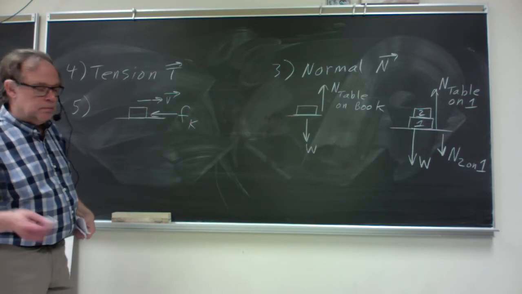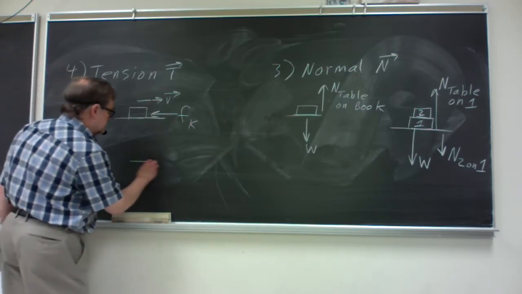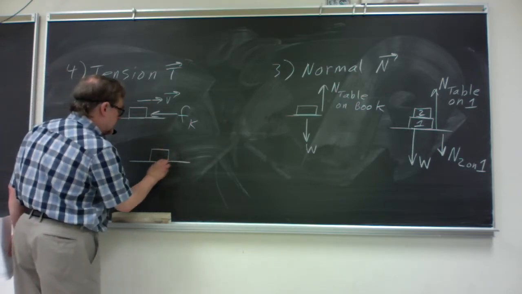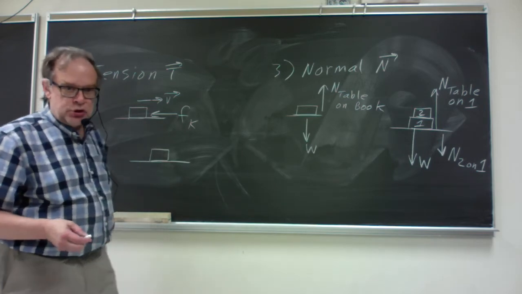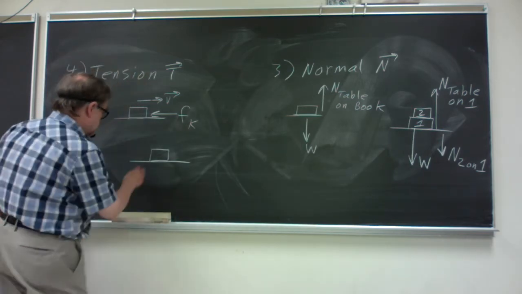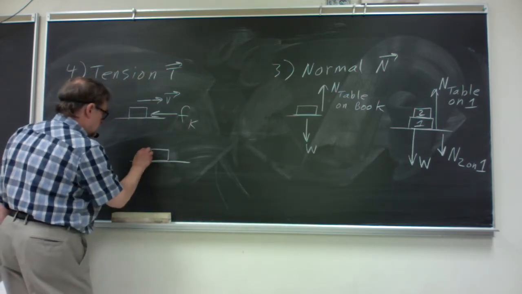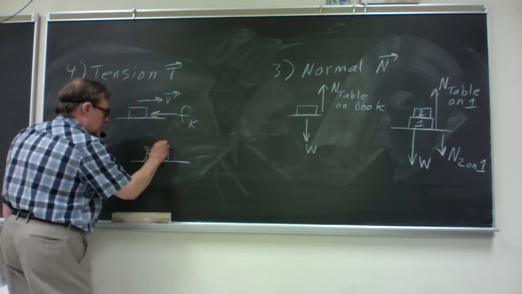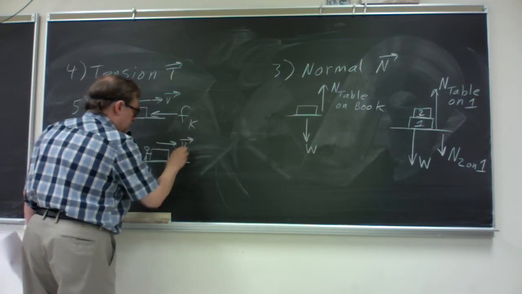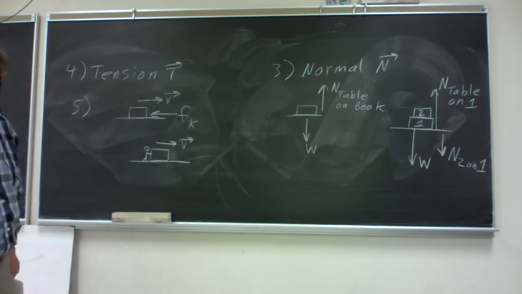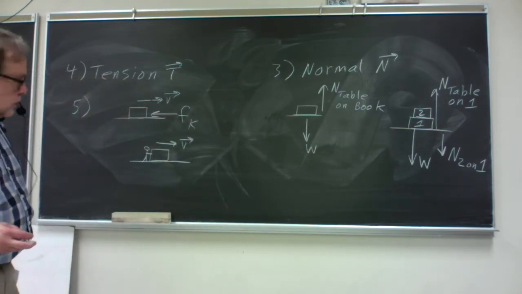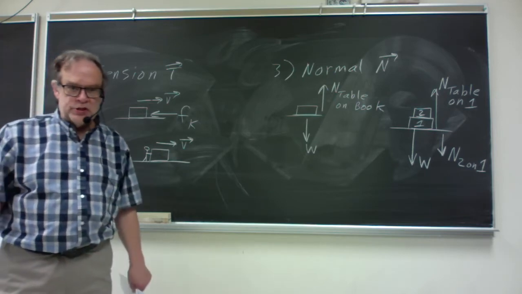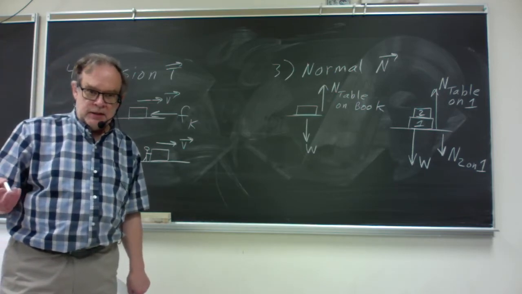So for example, let's say I've got a big crate and I'm trying to push it across the floor. So there I am pushing, and as I push the crate moves with a velocity from left to right. And what are the forces on the crate in that case?